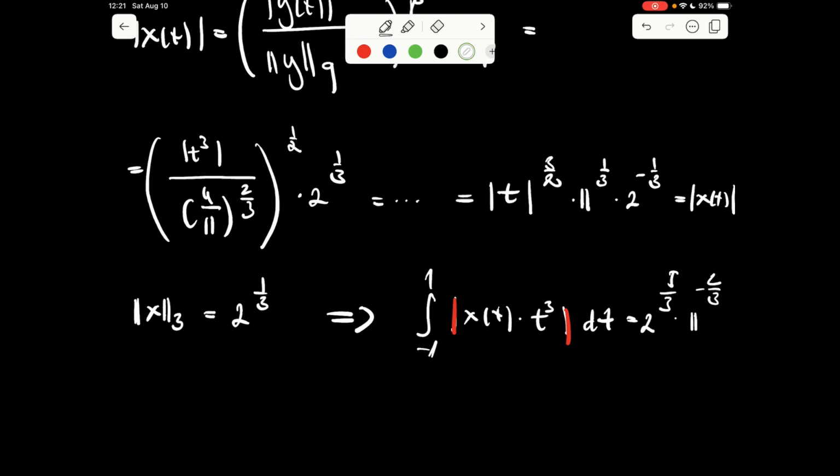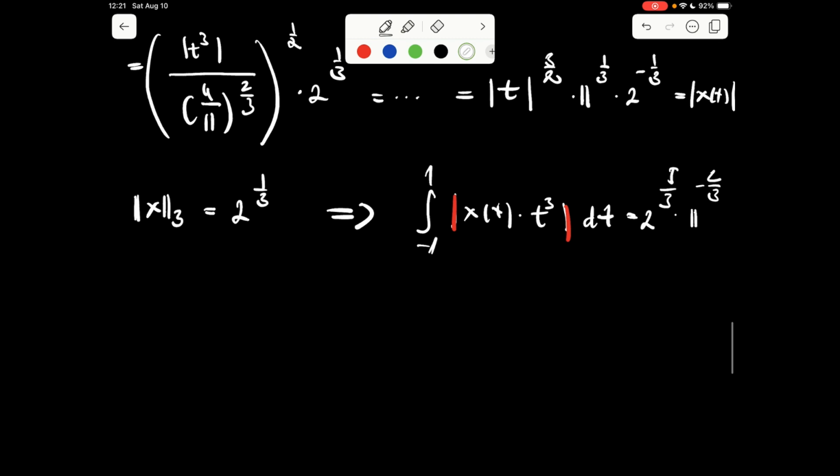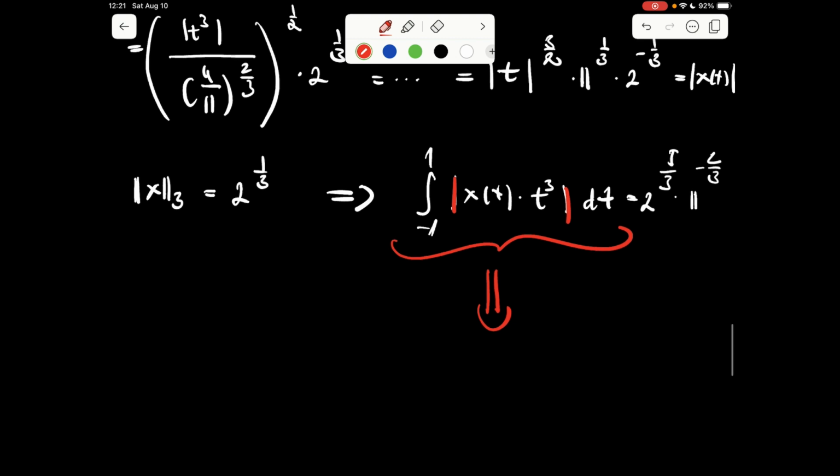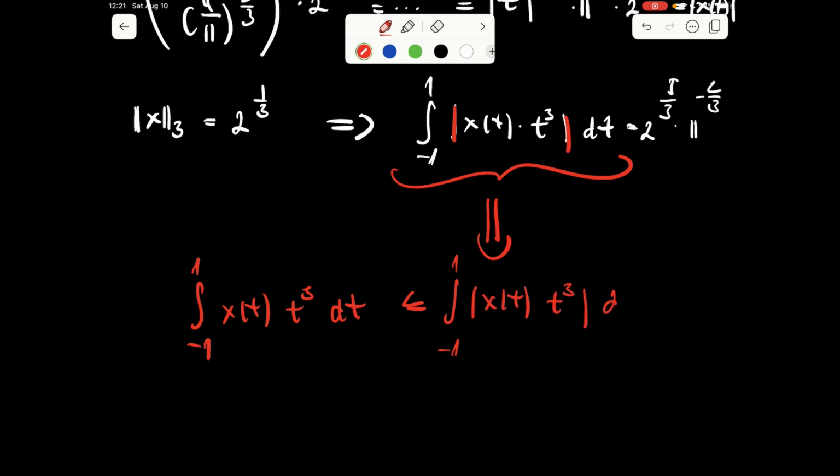Yes, so the integral is maximal, but it is true that this integral without the absolute value cannot be higher than the integral with the absolute value.